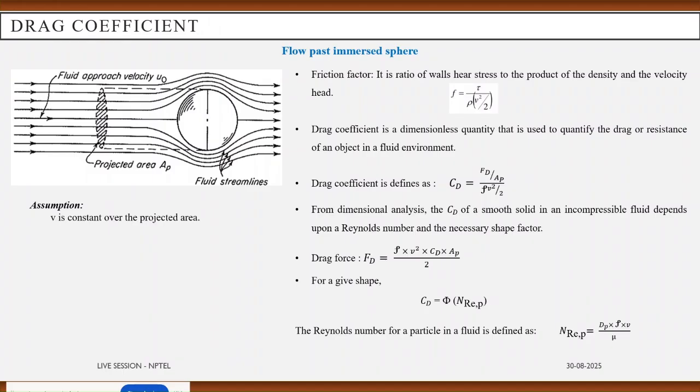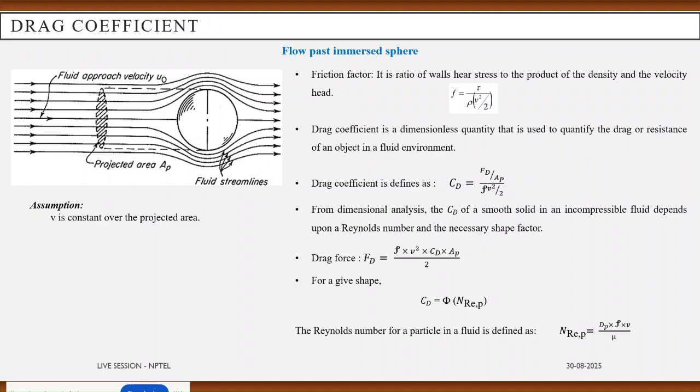Now, when we have discussed the drag force, the next thing that comes under consideration is the drag coefficient. Suppose we are taking an immersed sphere which is placed along the streamline of the flow.